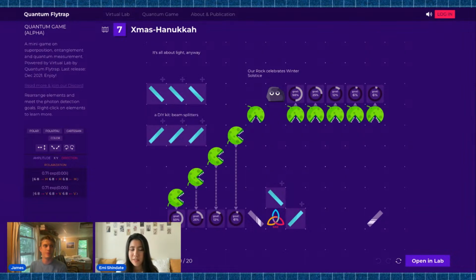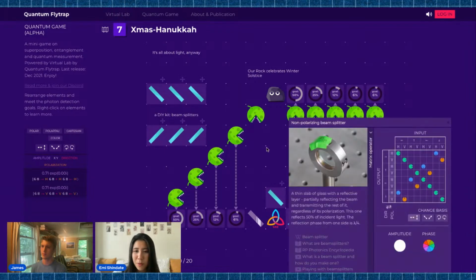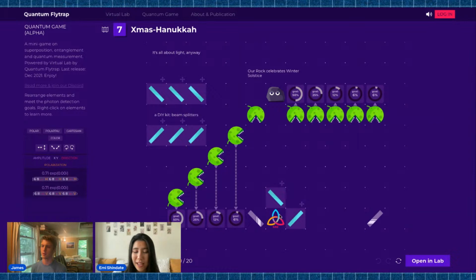So we are going to generate that 3-photon state, which means we now have to configure these panels, these non-polarizing beam splitters and mirrors. Yeah. But we can't. Okay, we can move them around.